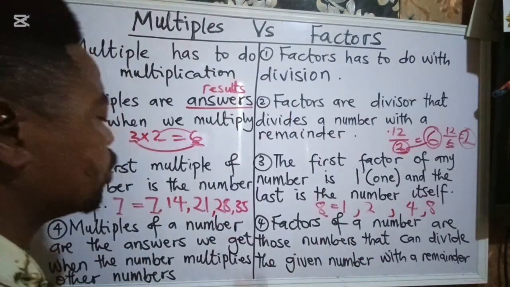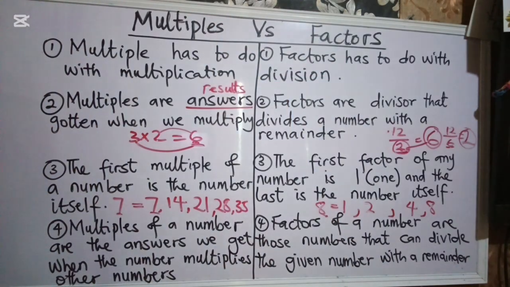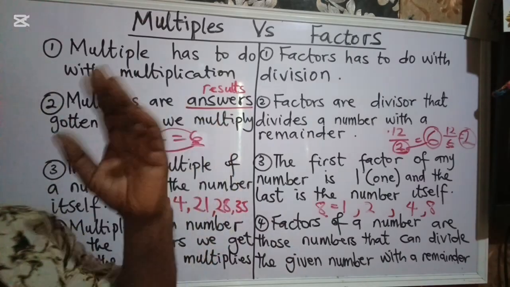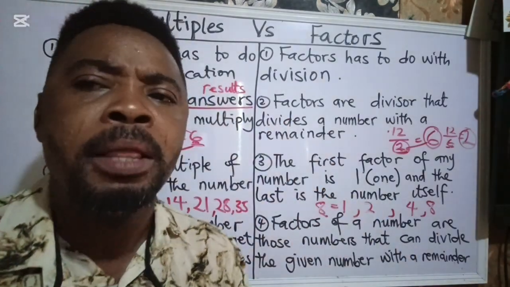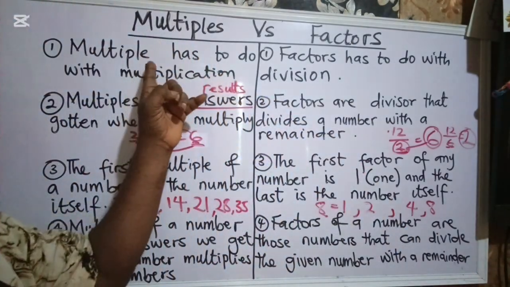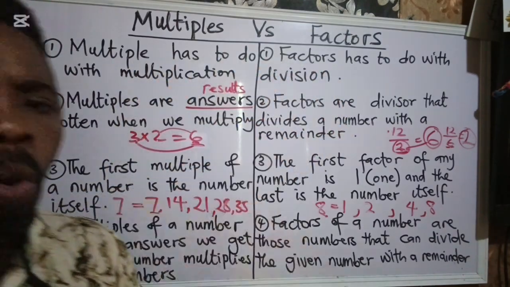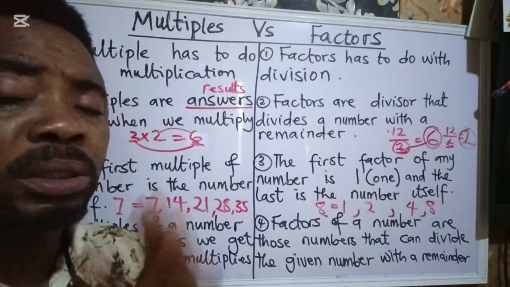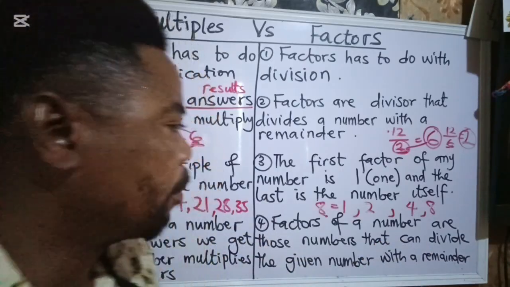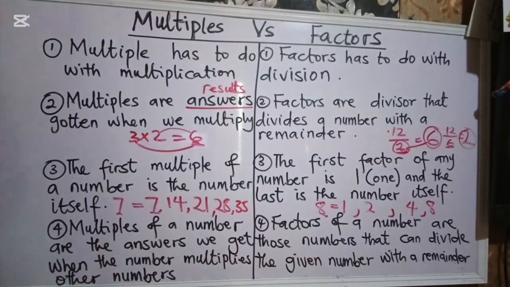So let us go to the last one. This last one is now defining what multiples of a number are. Remember, when I said multiple, I did not define it here. We were just telling you the difference between the two so that you don't take them for each other or swap them.